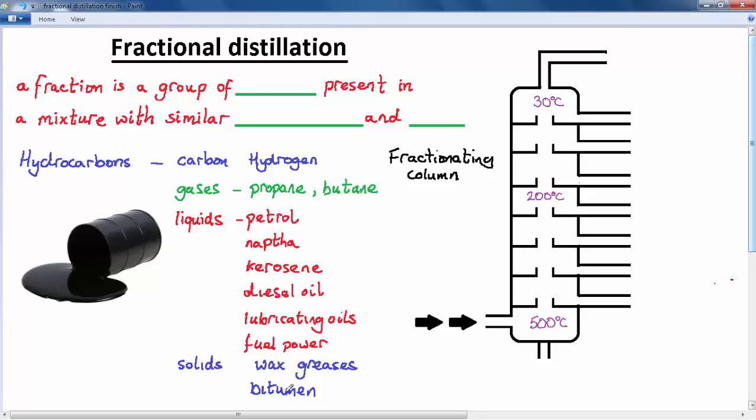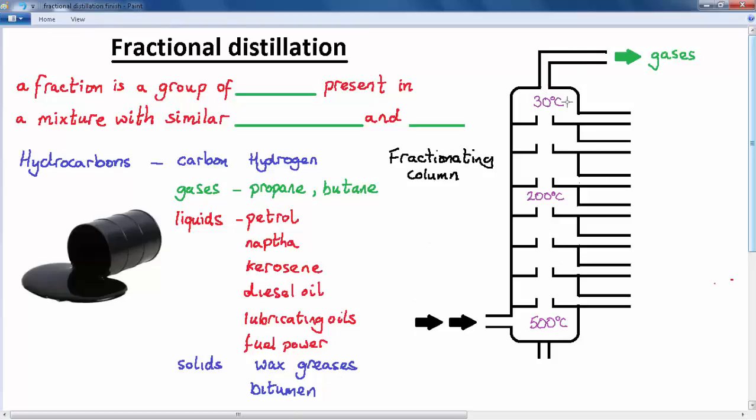So clearly at the very top of this list we have actually gases that are contained within the oil, and these are going to be the first substances that are going to be released, and they're going to go right up to the top of the tower and they're going to be released here.